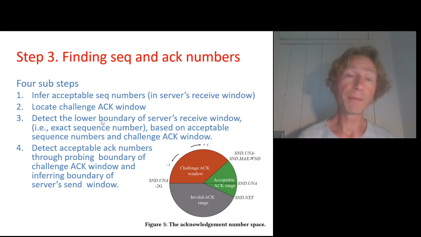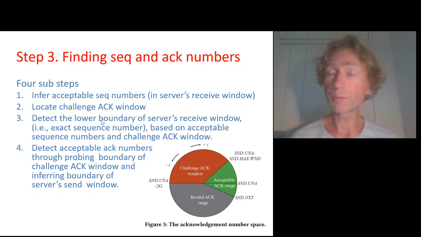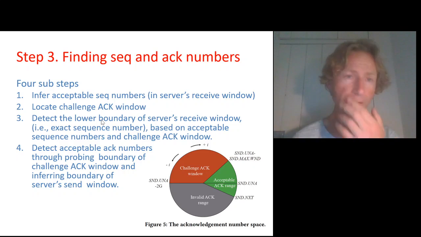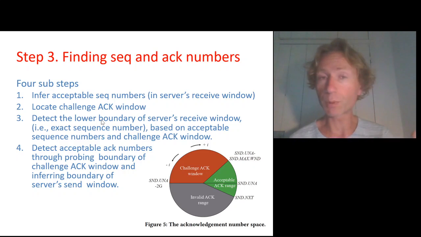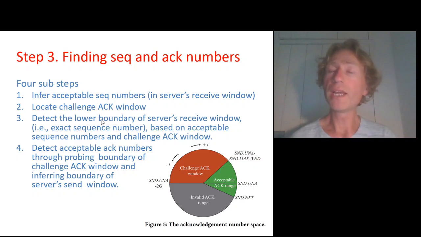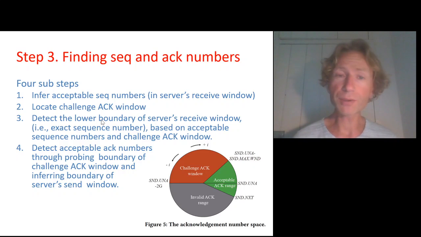Our final main step is now to find the sequence number and the acknowledgement number. We have all the other details, and this is a complicated step, so we divide this big step into 4 sub-steps. The first one tries to find acceptable sequence numbers, the numbers that are in the receiver's window. Then we try to locate the challenge ACK window, the red part here. Then we try to detect the lower boundary of the server's receive window, the exact sequence number that is its lower bound.